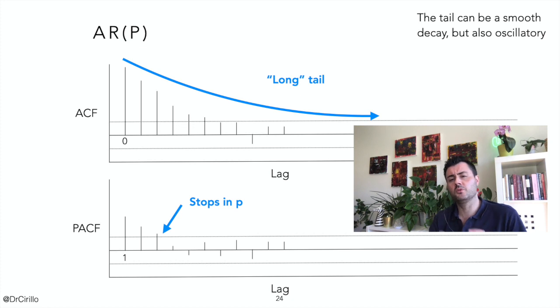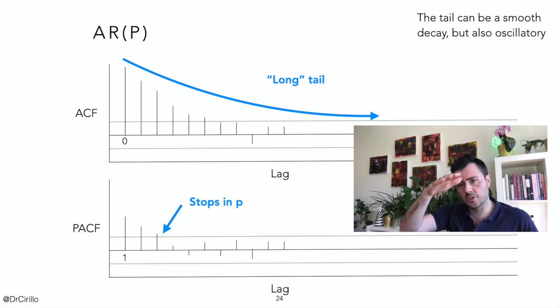So I repeat, for an autoregressive process of order p, you can expect an exponential decay in the ACF and only p significant lags in the PACF.